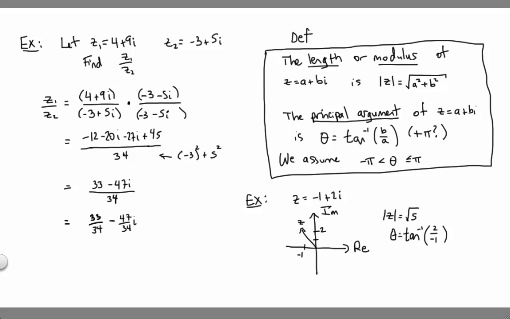But if you're in quadrant 2 or quadrant 3, arctan will give you the wrong answer. And the way to get the correct angle is to add pi. So if you're in the wrong quadrant, if you're over on the left side of the diagram and your angle's actually in quadrant 2 or quadrant 3, adding pi is always the right thing to do. Okay, if you wanted to put this into radians, about 2.03 rads for our angle. So that's how we associate length and angle with complex numbers.